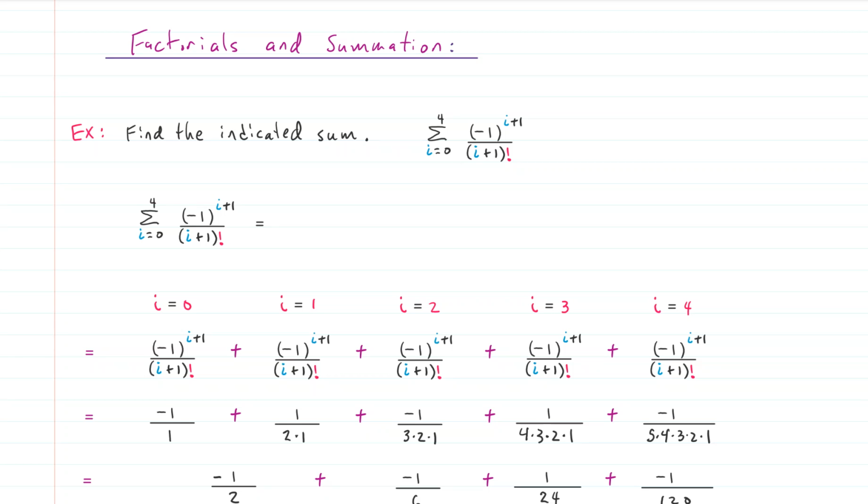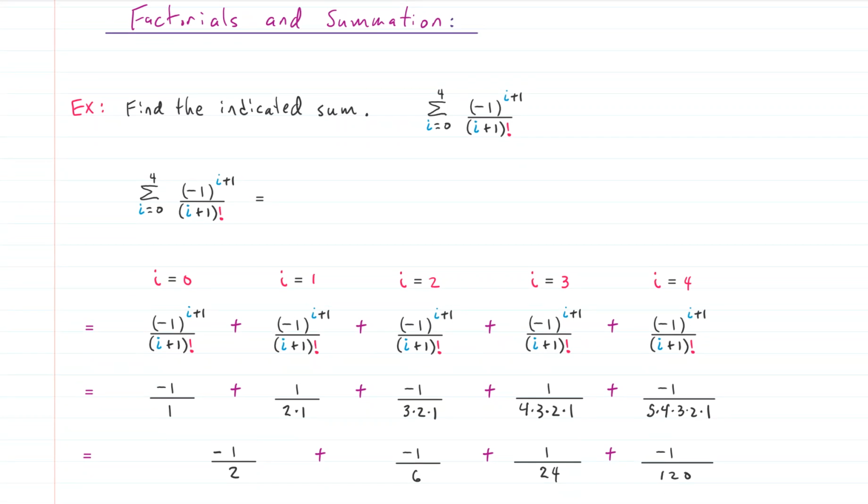And in the denominator, we have quantity i plus 1 factorial. And we're summing this from i equals 0 to 4. So we're going to have 5 terms: i equals 0, i equals 1, 2, 3, and 4.